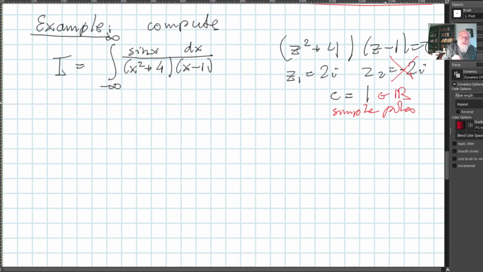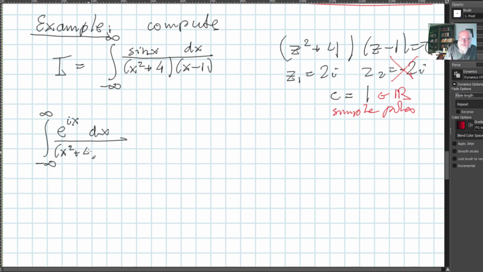So maybe I write the answer for this integral. I prefer you to practice with e^{ix} rather than sine and cosine, because you will notice on the exam that many people make mistakes, simply because they mix up the exponential with the sine or cosine.